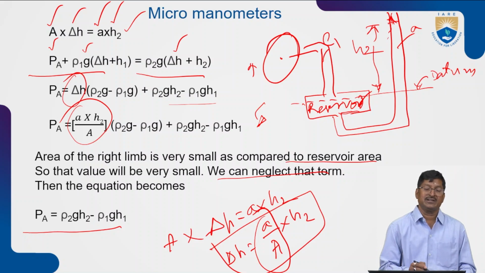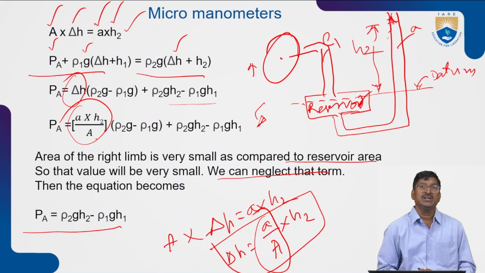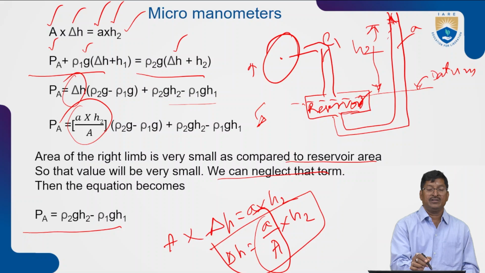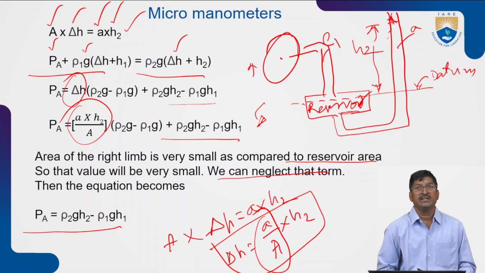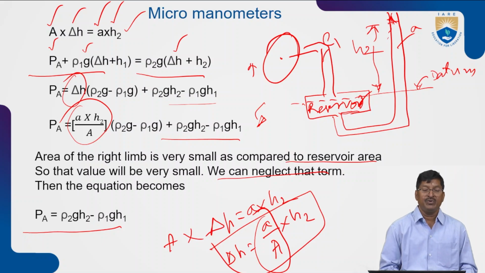Hence, you can neglect the term which is attached to delta H, or small a by capital A into H2. Then the remaining part is rho 2 g H2 minus rho 1 g H1. By placing this, we can measure the pressure in the pipe A.